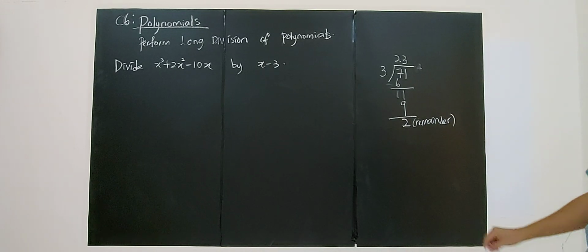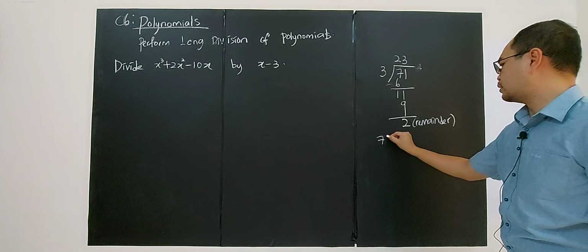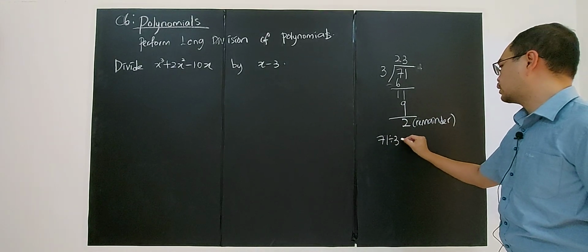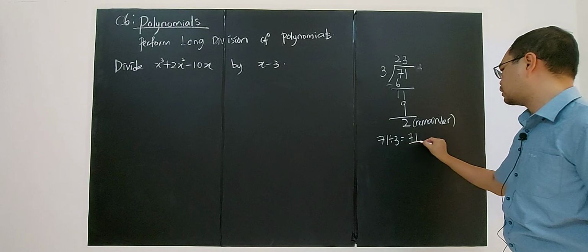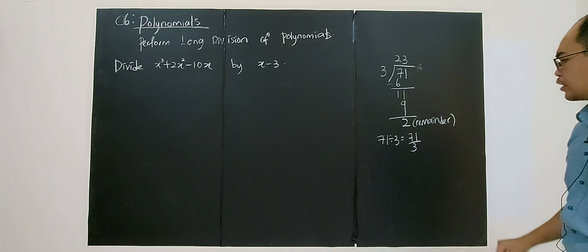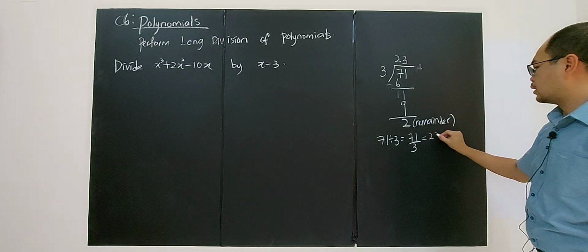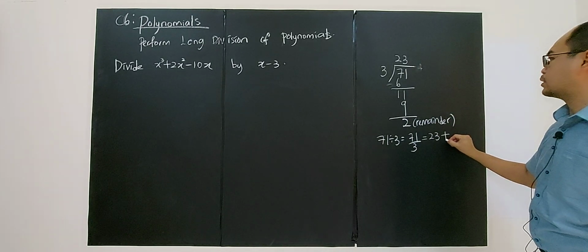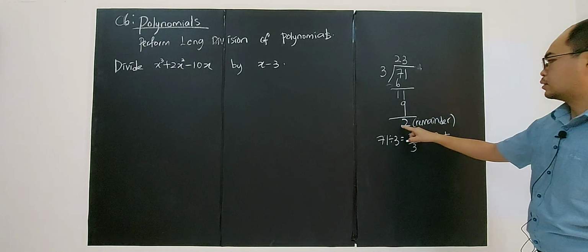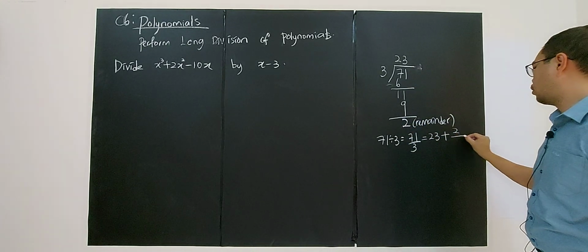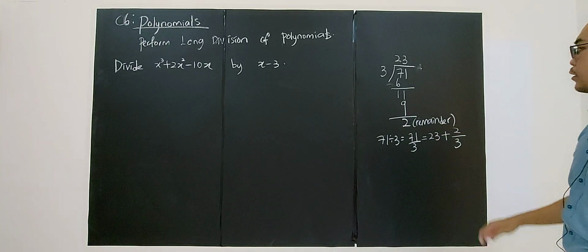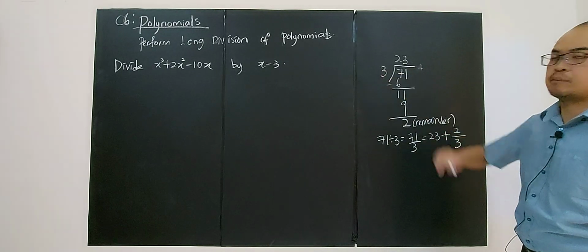So 2, how to write? You know that 71 divided by 3 is the same as 71 over 3 in fraction. So it's the same as you take the 23 plus the 2 over 3, your remainder divided by this.